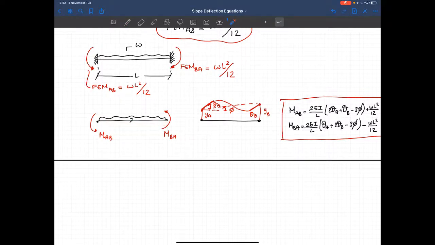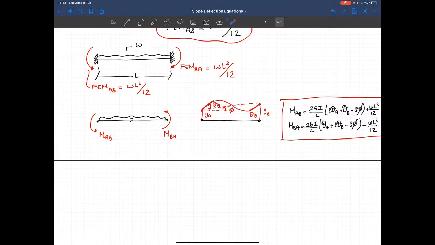distributed load. And if you think about it, I can have a triangular load here, I can have some point loads here, or maybe a partial load, and a combination of all the loadings. The only thing that will change in this equation is this fixed end moment part.